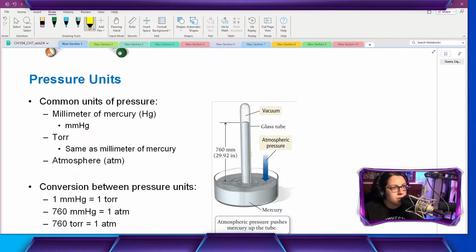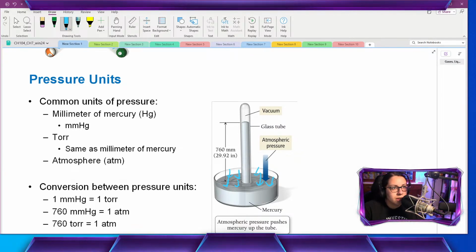And so now let's look at our pressure units and how they're measured. We said that our pressure was basically atmospheric gas molecules beating down. Here we have our apparatus for measuring atmospheric pressure or any pressure.